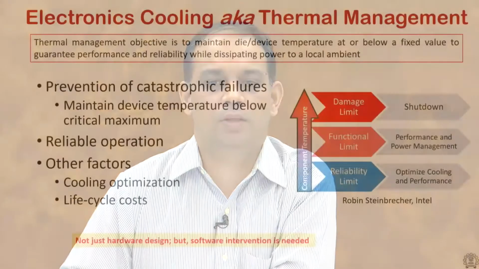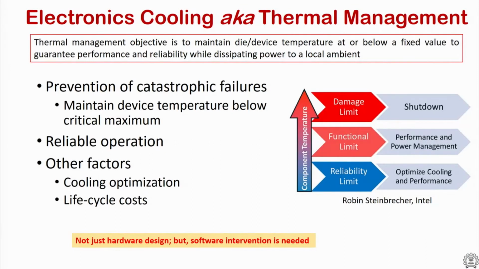The next is that people often employ what is called a threshold temperature, which is close to 90 degrees C, for example, in this case. If it goes close to that 90 degrees C, there is always throttling, and you would see that the processors start to run slowly once they reach 90 degrees C, to ensure that the power is not exceeding a certain limit and the temperature is not exceeding.